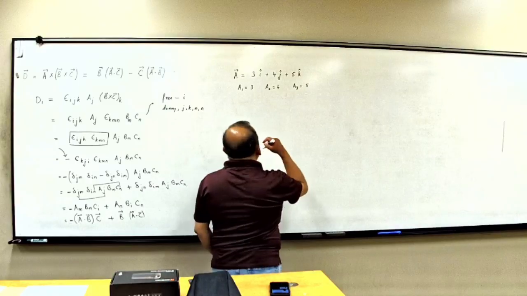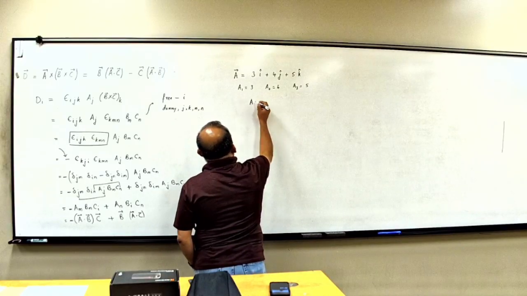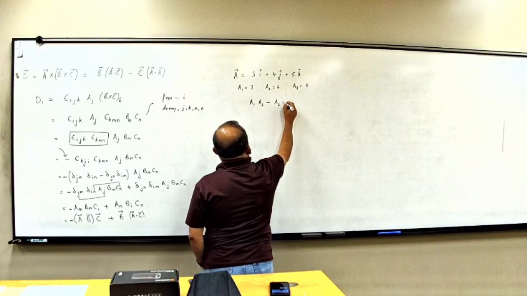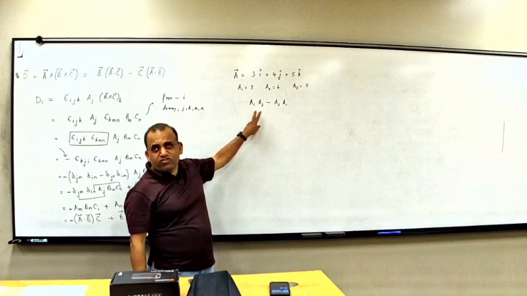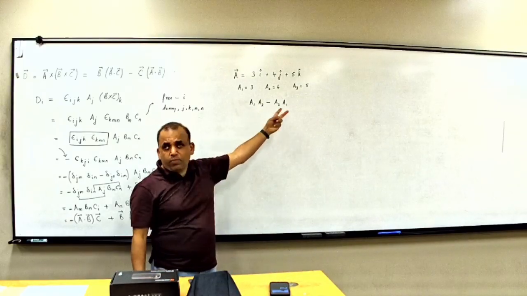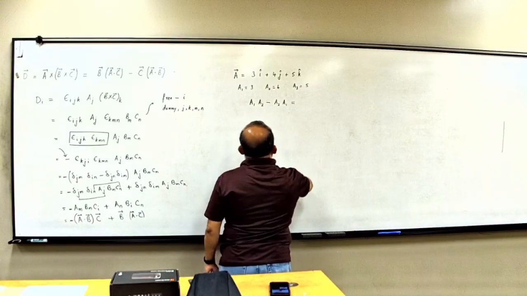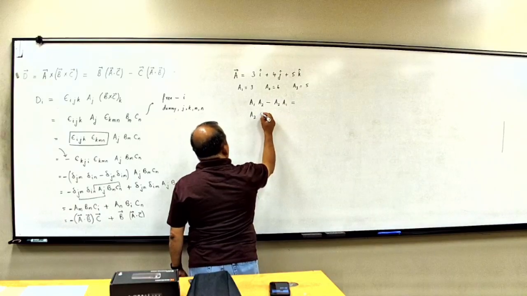And let's have a symbol now. Let's talk about A1 times A2 minus A2 times A1. Notice what I'm doing: I first multiply the first and the second component, and then I swap and subtract. How much is that equal to? Say 2, 3.